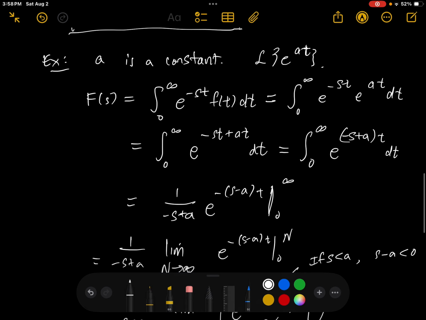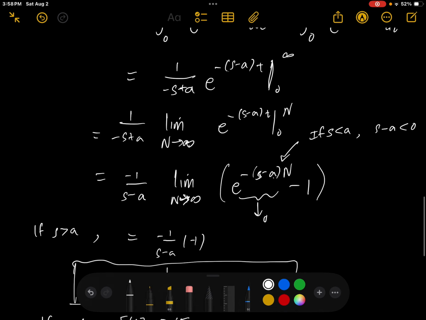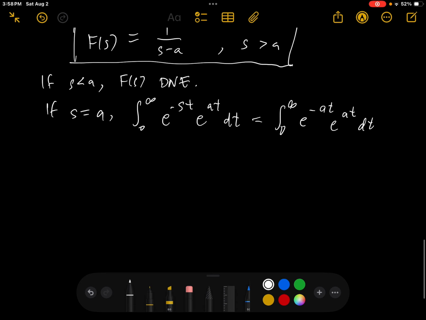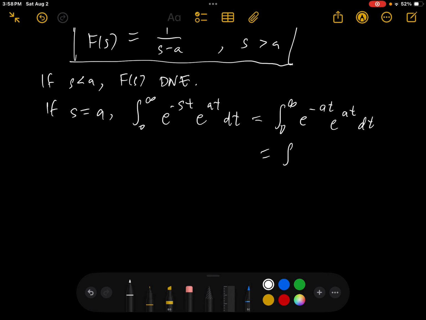If a is equal to s, then before doing the integral, it's the integral from 0 to infinity of negative e to the minus st times e to the at dt. And then if s is equal to a, that's the integral from 0 to infinity of e to the minus at times e to the at dt, and then those are going to give you 1, and this doesn't exist. So F of a doesn't exist either.